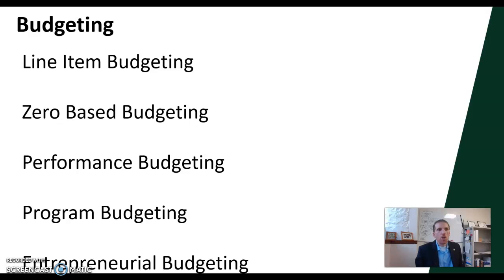Performance budgeting looks at inputs and outputs for the organization as a whole, from the whole perspective. What do we want to achieve, and what are the inputs and outputs that we're going to need to make that happen? The program budget is more at a programmatic level. What do we need to provide this level of police protection?